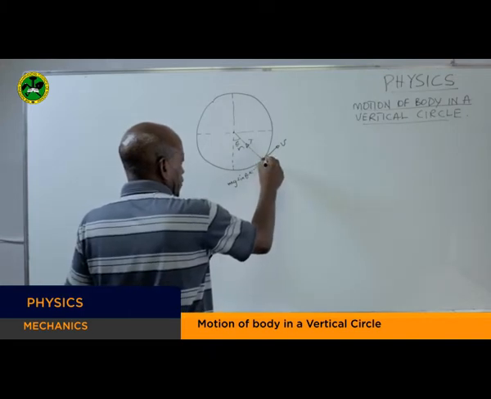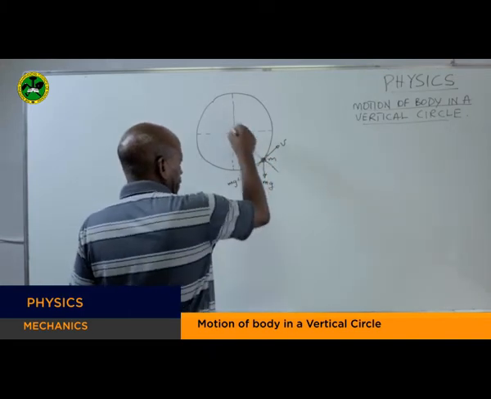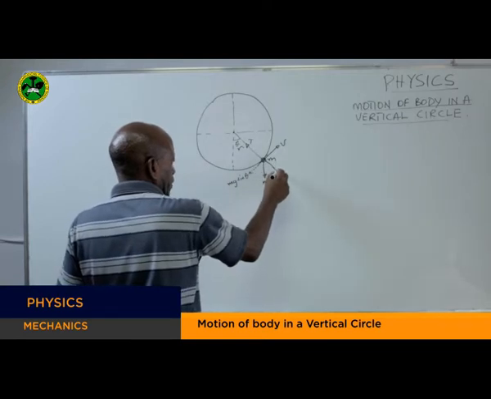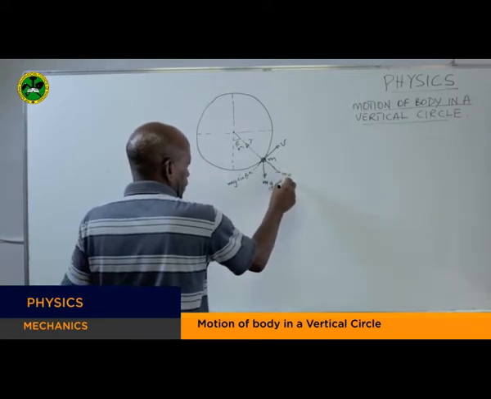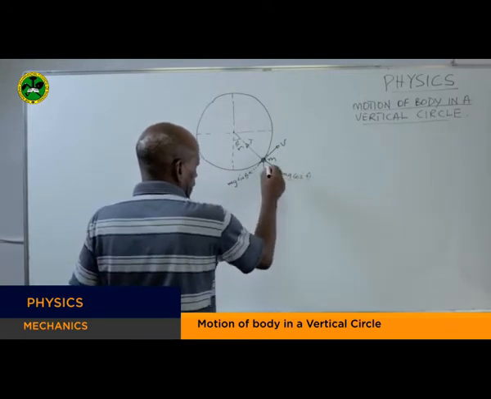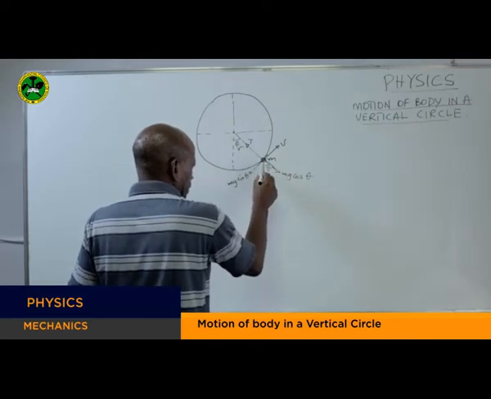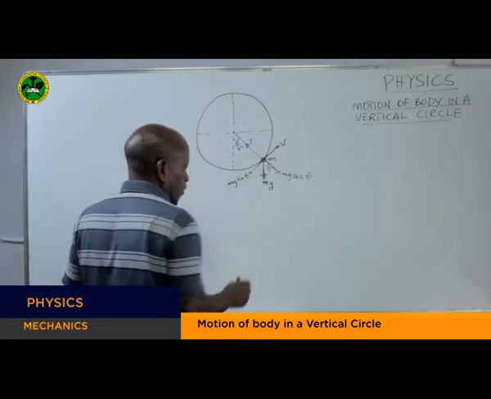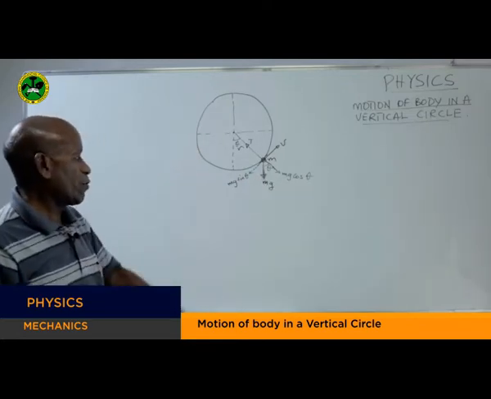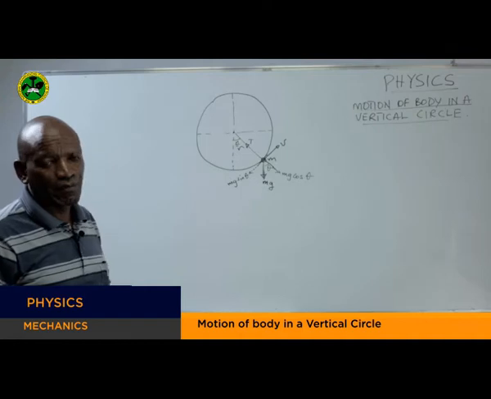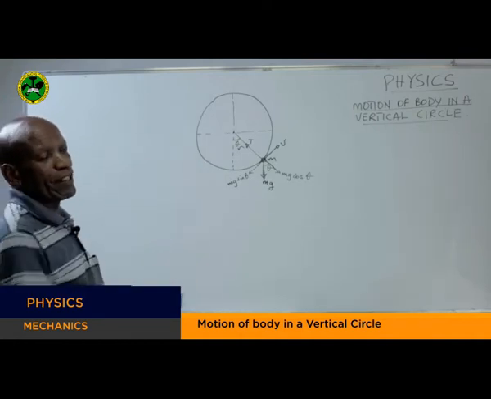And along the string, this will be equal to mg cos theta, because this angle from geometry will be the same as this angle, if I take this to be the direction of the weight which acts vertically downward, so this body can be moving in a circle.